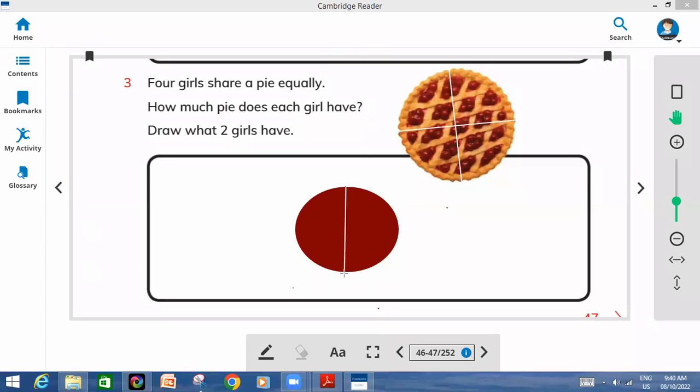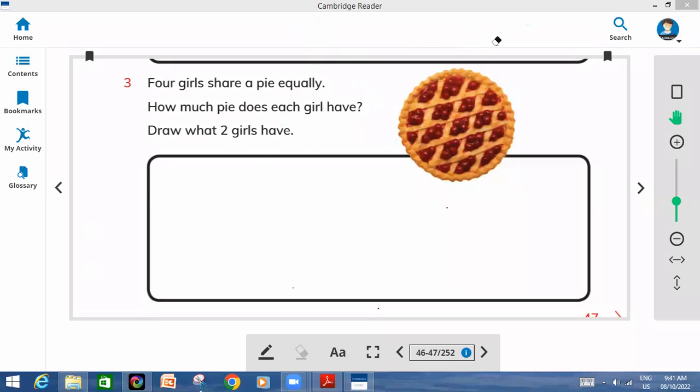Half of the pie is what each two girls are going to get.